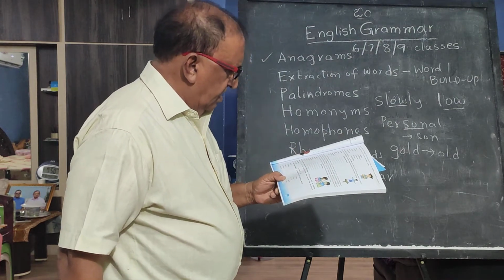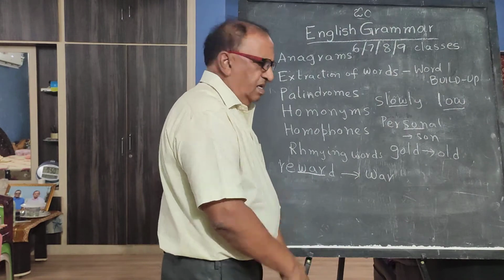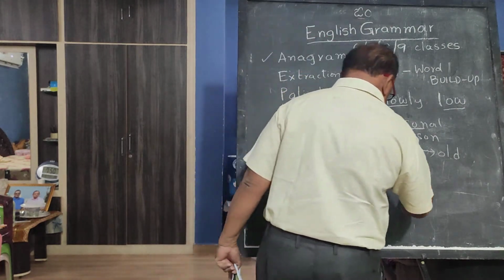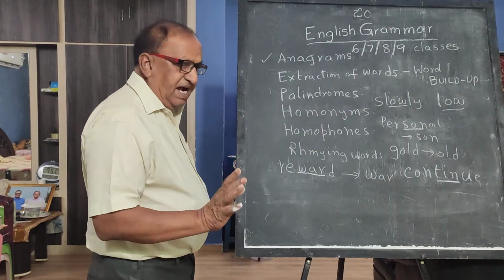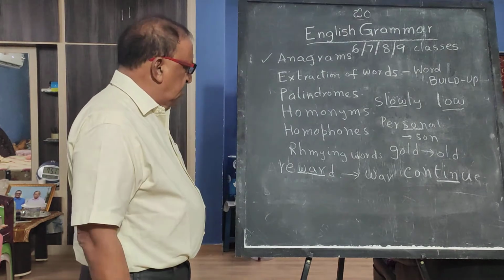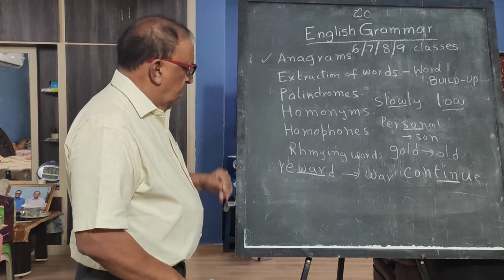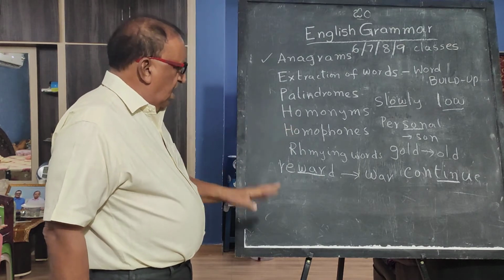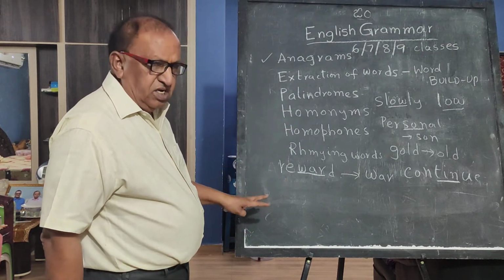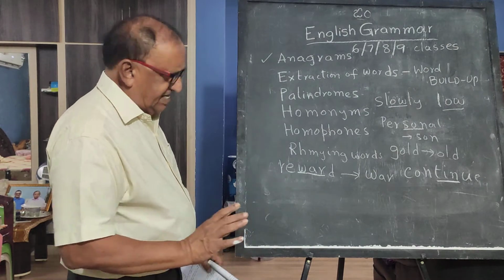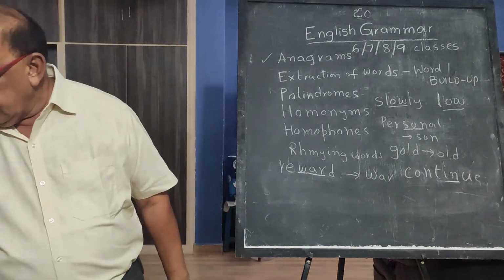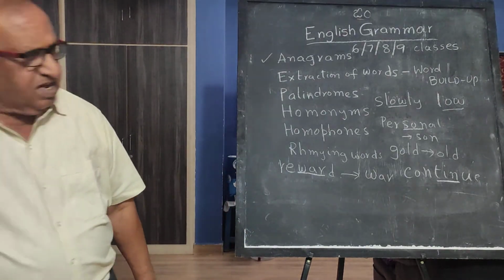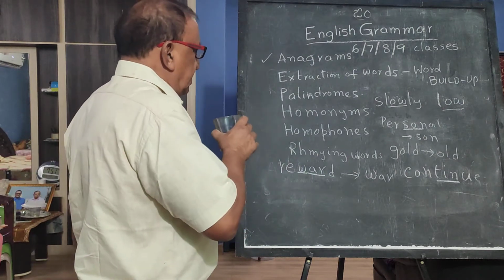For example, continue. In this case, you cannot change the order of the letters. All you can do is select only a few letters to make a new word. Okay, all right? That's what extraction of word is.